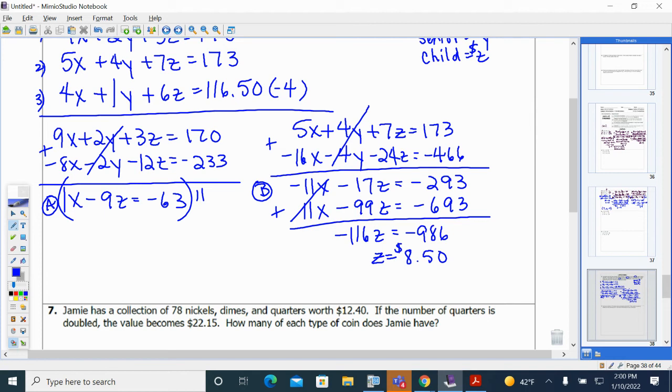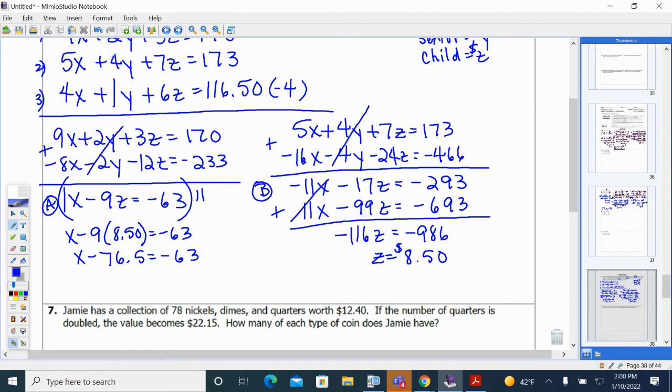Now we need to take that back into, I'm going to go back to equation A and substitute that in. So x minus 9 times 8.50, negative 9 times 8.50 is -76.5.